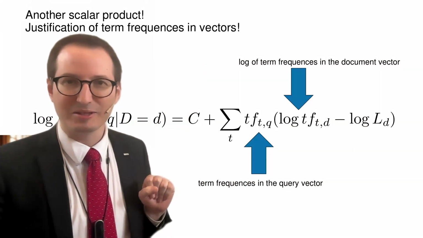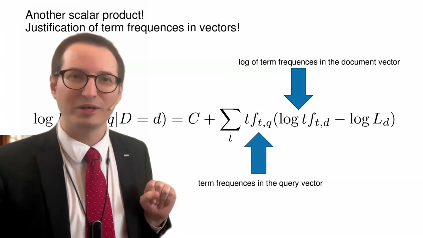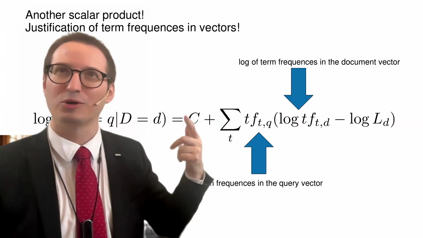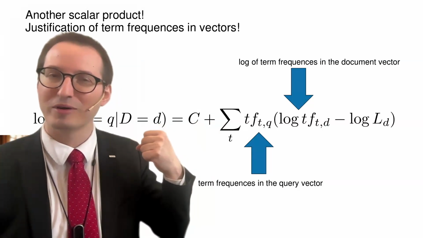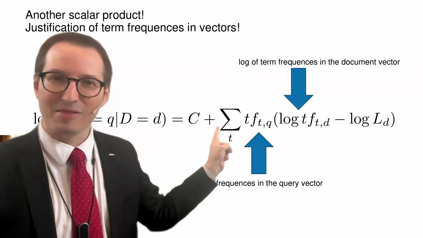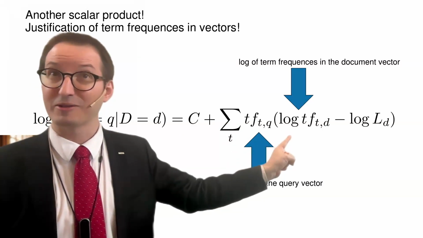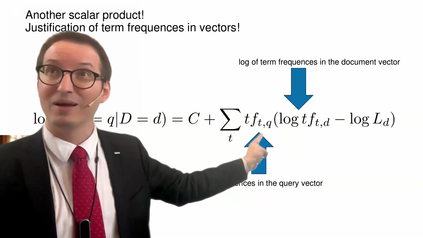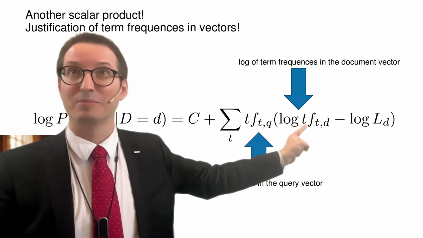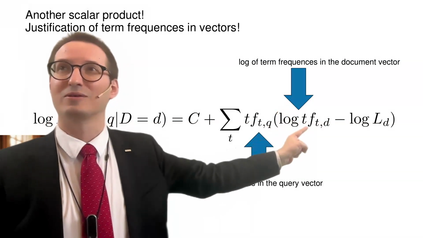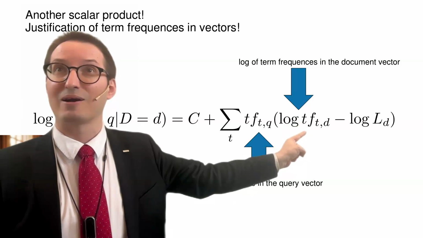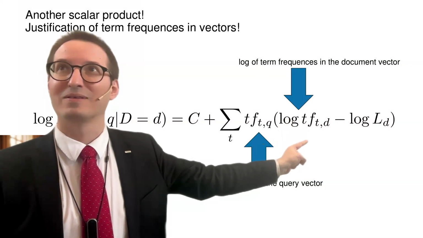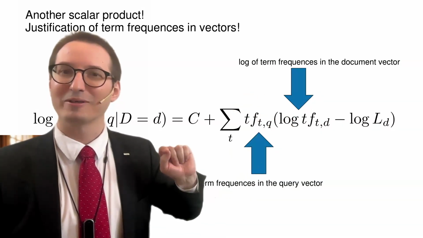And now, this is where it starts to look really, really cool, because now you're probably starting to connect a few dots with what we've done before. This is a sum of products of which the first factor depends on the query, and the second factor depends on the documents. This is a scalar product. What do we have in the scalar product?